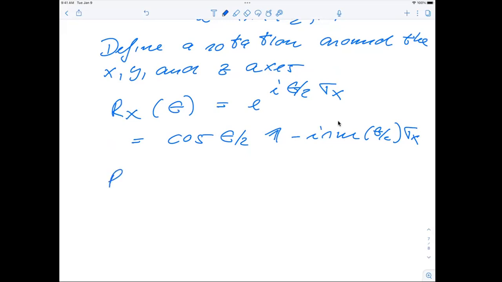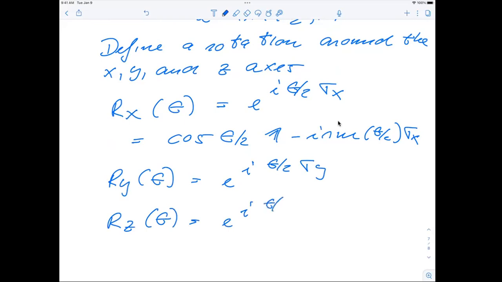Similarly, the rotation around the y-axis by theta would be e to the minus i theta half sigma y. And similarly, you would have a rotation around the z-axis by theta, which is e to the minus i theta half sigma z.